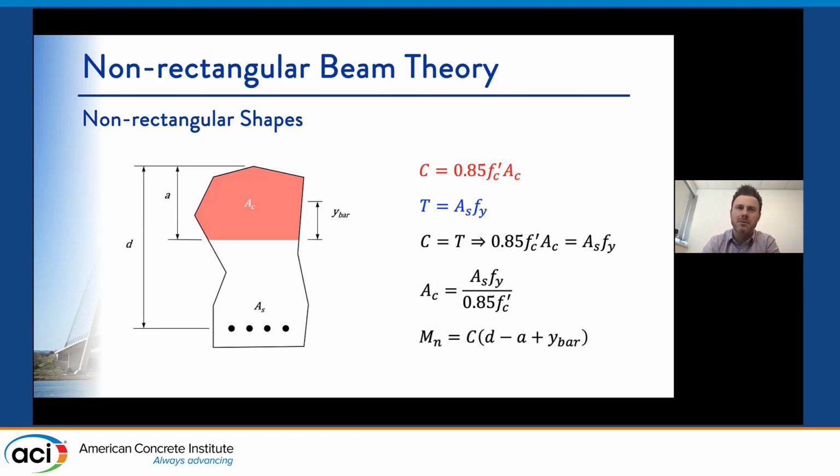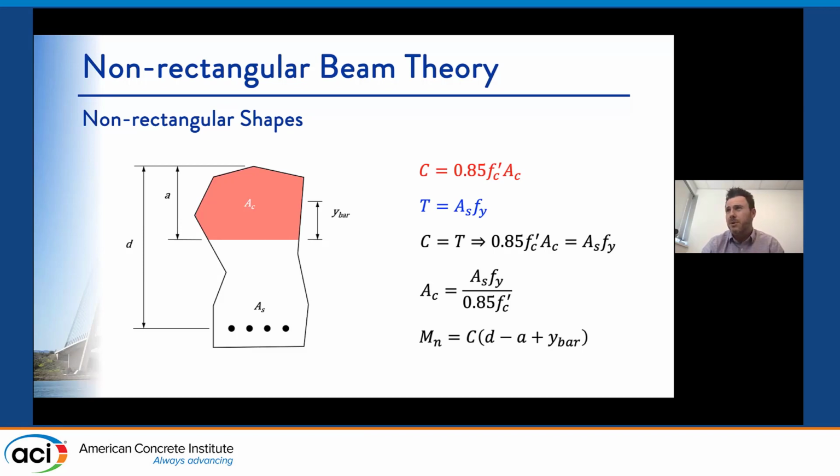But a rectangular beam is simply 0.85 f'c times a compressive area that just happens to be equal to a times b. And so I backtrack when I get to non-rectangular beams and present it in that way to students. That really what you're doing here is you're solving for an area that's needed in compression to offset your resultant tensile force, regardless of what shape that is.